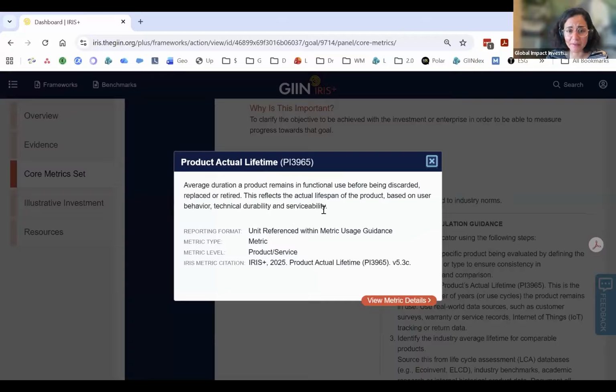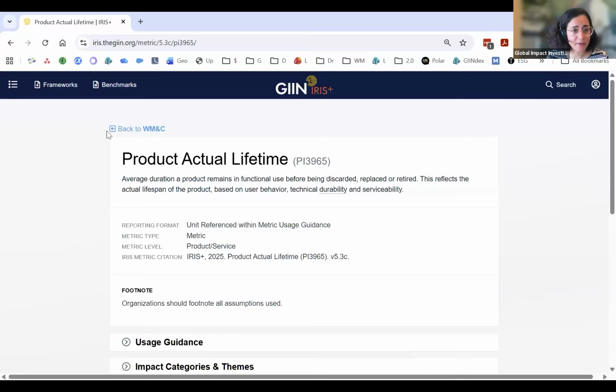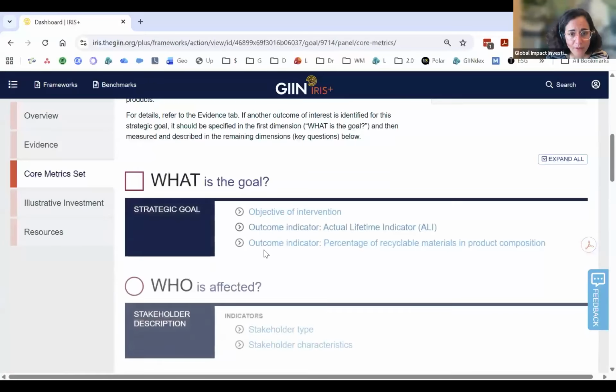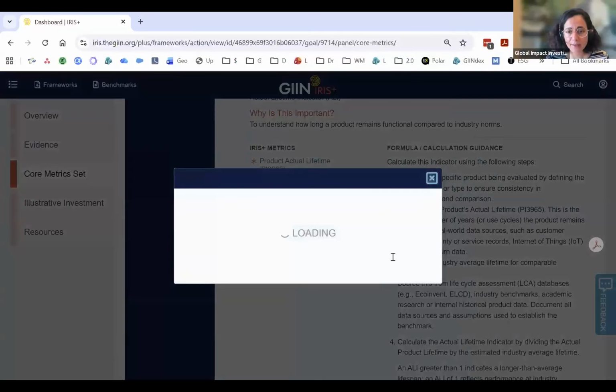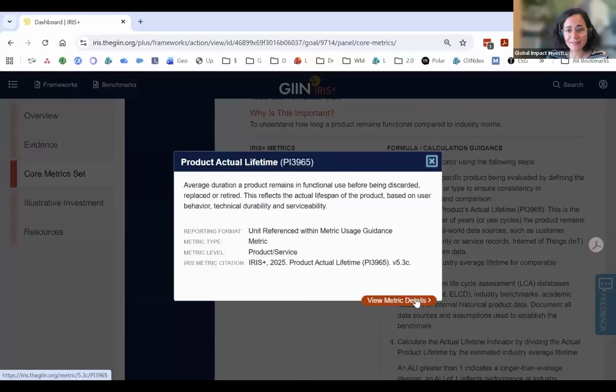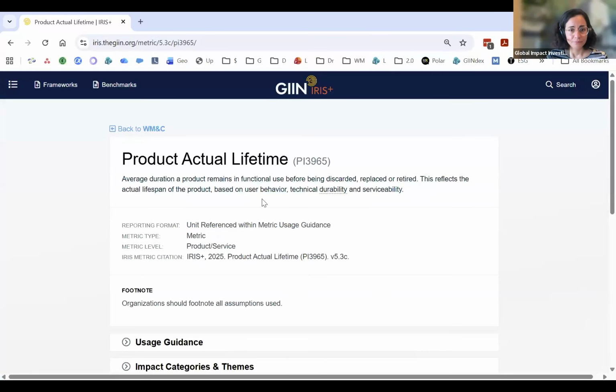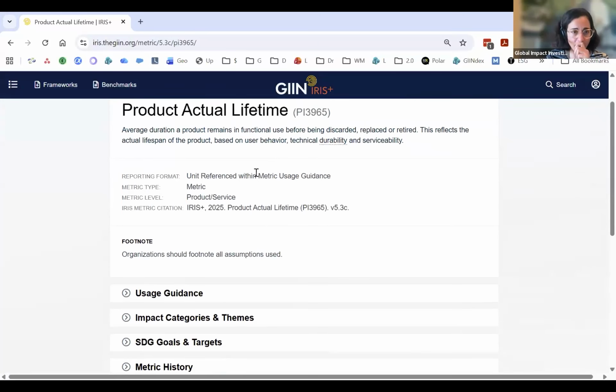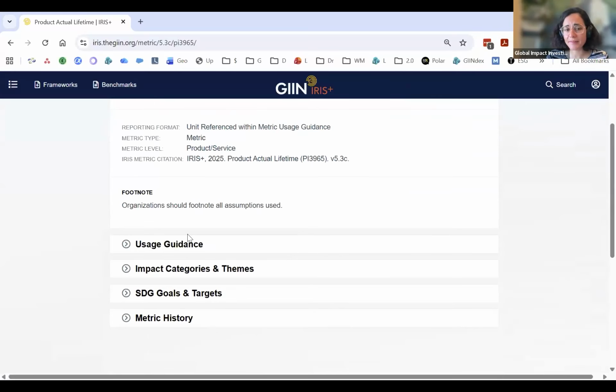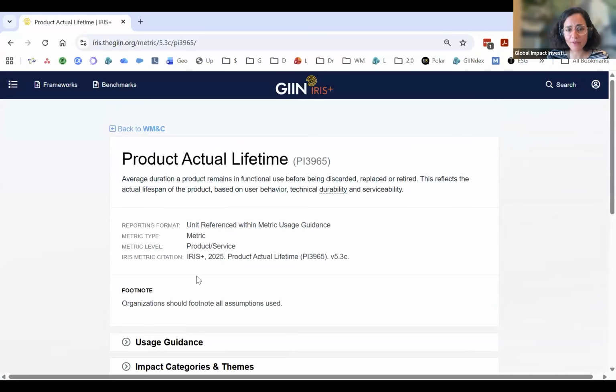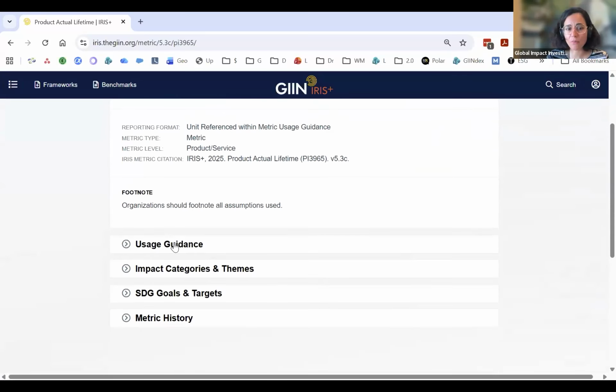So this is why the word actual here has a specific meaning. And you can look at further information by, again, just to show you, clicking View Metric Details. And there is what we call a metric landing page here, that you have the same information at the top, but what you really want to look at potentially is two things.